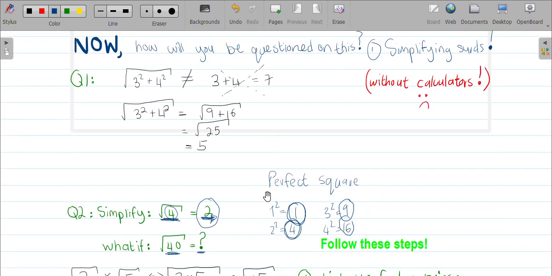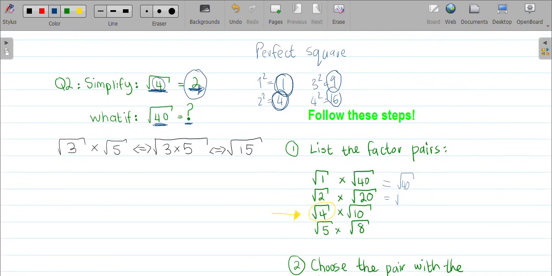Now let's get to simplifying surds. If I asked you to simplify the square root of 4, simply give the square root of that number, because it is a perfect square. That is a key word: perfect square. What are the perfect squares? If you know your squared numbers: 1 squared is 1, 2 squared is 4, 3 squared is 9, 4 squared is 16, 5 squared is 25, 6 squared is 36.